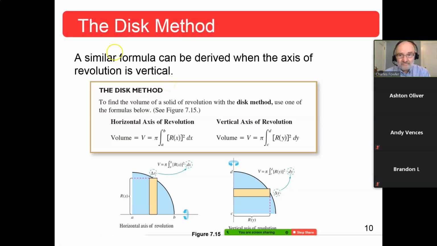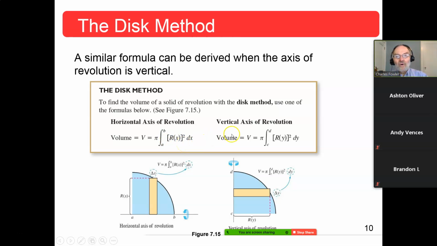So to find the volume of a solid of revolution with the disk method, use one of these formulas. The horizontal would be V is equal to pi times the integral of r of x squared dx. Pi r squared is the area, times dx is the thickness.